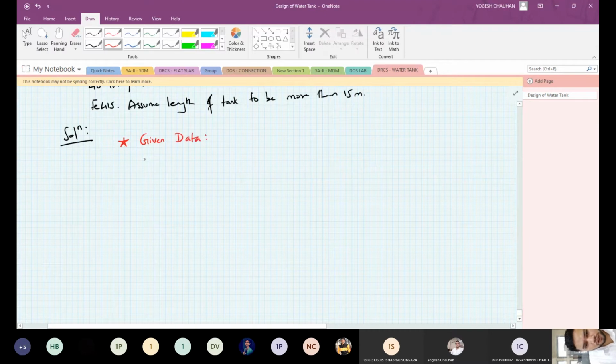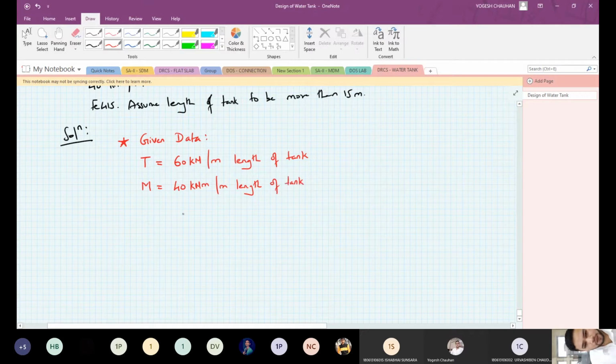Given data: you have been given the tensile force of 60 kilonewton per meter length of tank. Then bending moment M is equal to 40 kilonewton meter per meter length of tank.